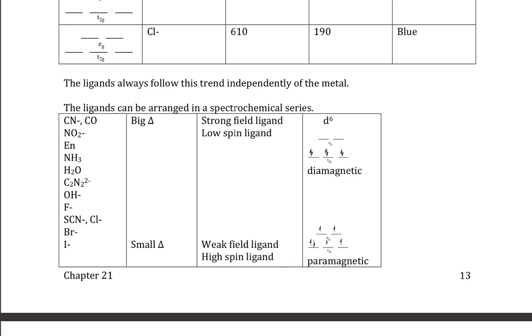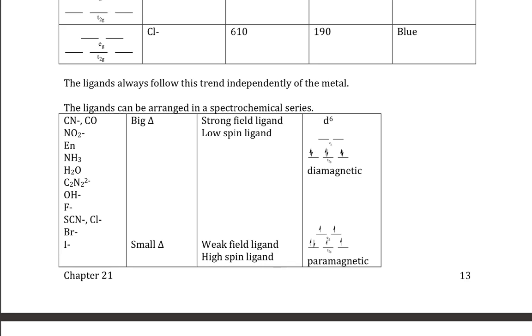So what we have is what we call a spectrochemical series, where at the top we have the ligands that make for the biggest delta. Notice CN minus up there, CO. Below that we have NO2 minus. Below that en, that's that bidentate ligand. Then we have ammonia, then we have water. Then we have the C2O4 2- oxalate.